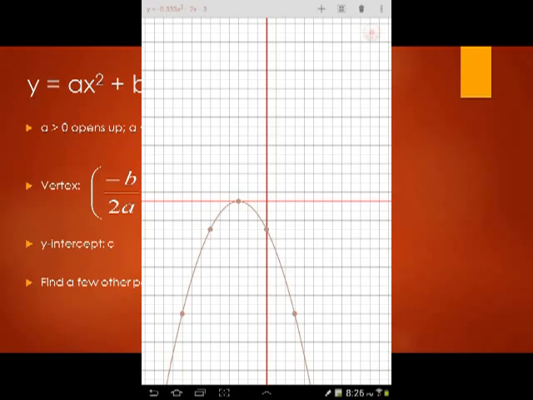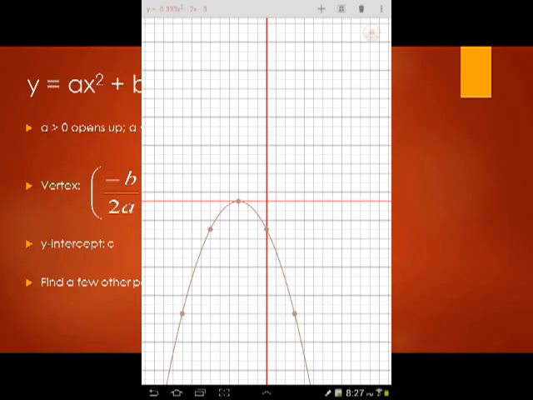So if you've got a question that ever asked you, what is the maximum value of whatever, and your equation is a quadratic, what you would do is just find the vertex using that opposite of b over 2a.